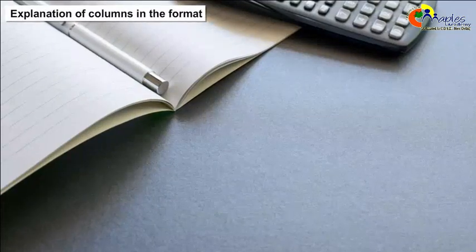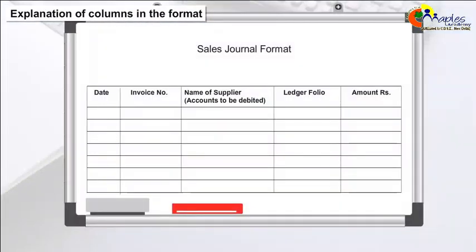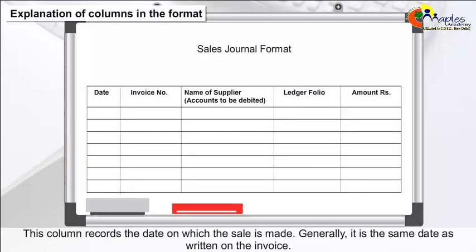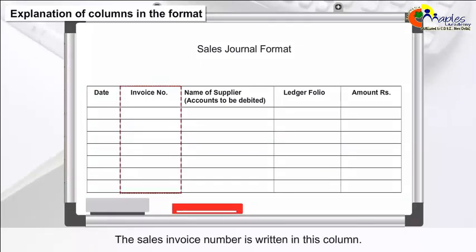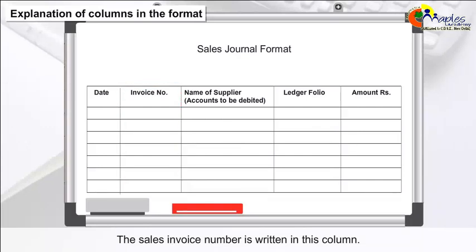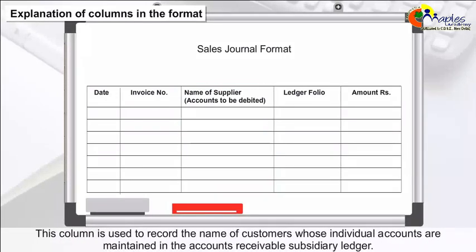Explanation of columns in the format. 1. Date. This column records the date on which the sale is made. Generally, it is the same date as written on the invoice. 2. Invoice number. The sales invoice number is written in this column. 3. Account debited.